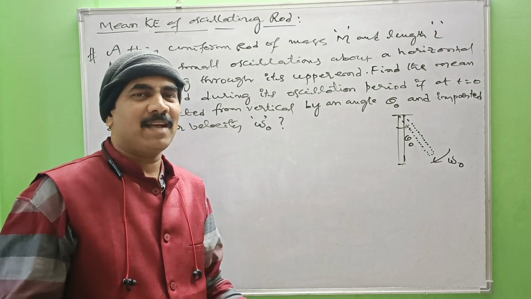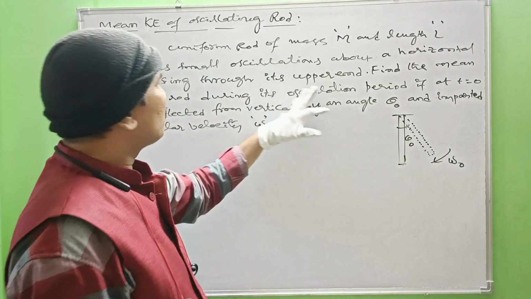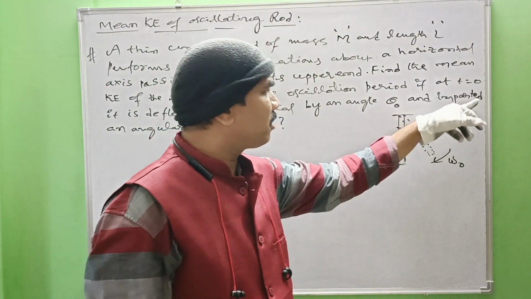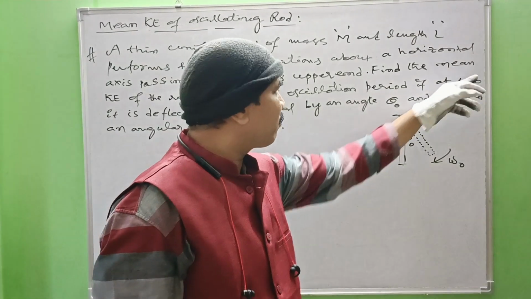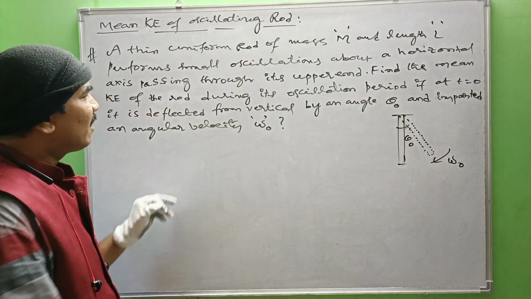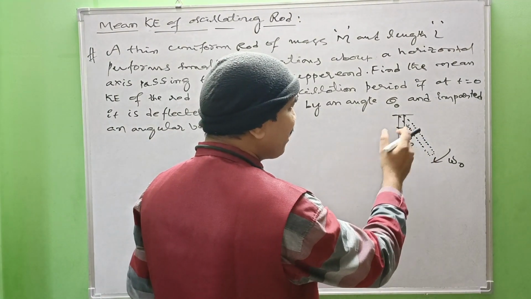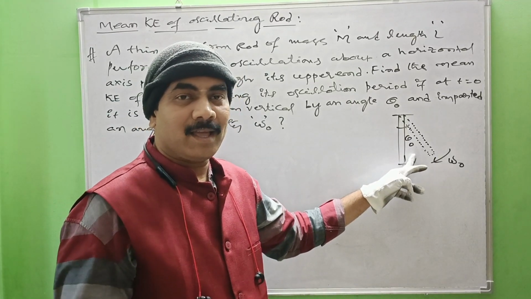Find the mean, means average, the average kinetic energy of the rod during its oscillation period. At t equal 0, the rod is deflected from vertical by an angle theta naught. It is not revealed that theta naught is the angular amplitude.